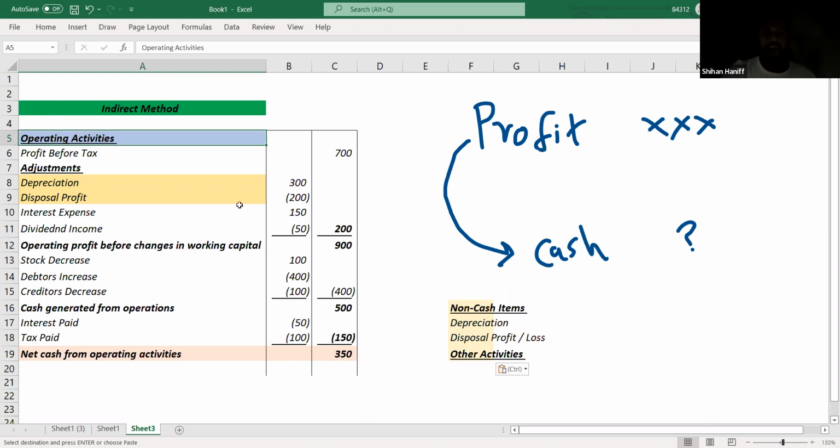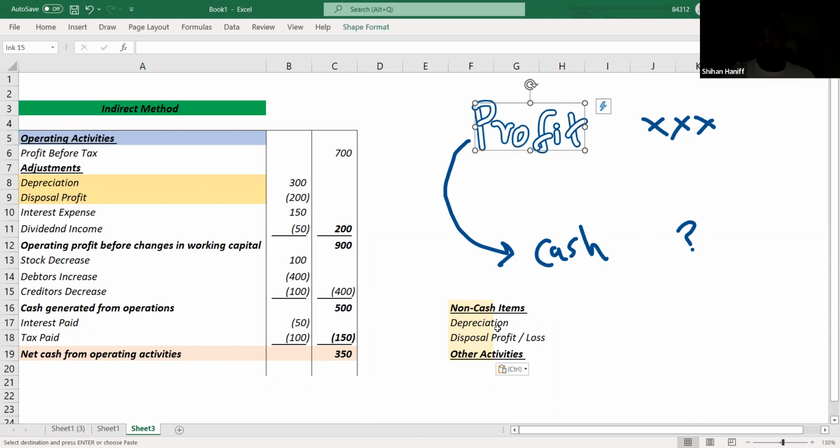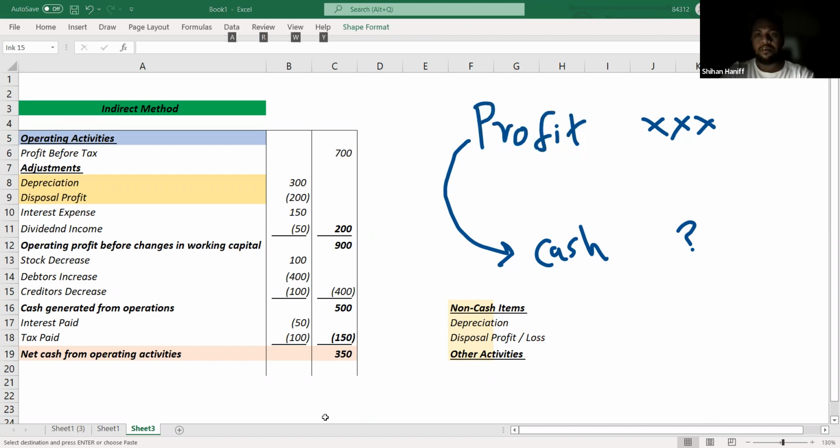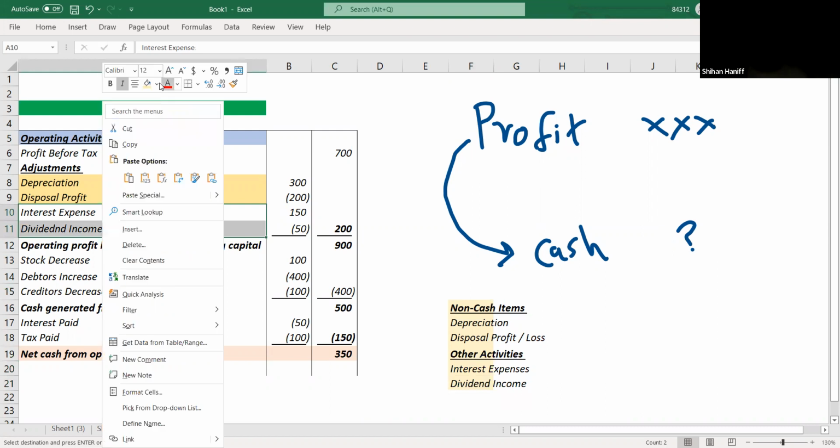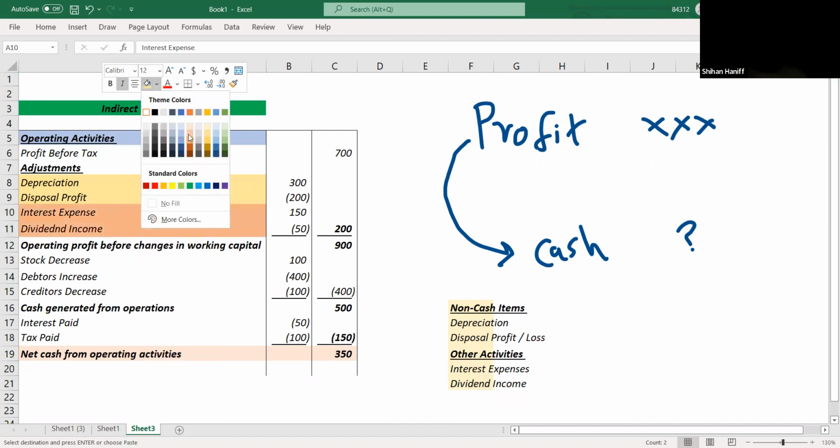So if there is any other activities in the profit, we need to adjust. Mainly in our questions, we will have other activities like investment, interest expense, dividend income. These types of transactions are other activities.